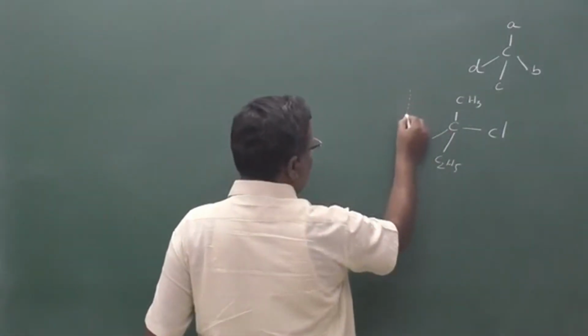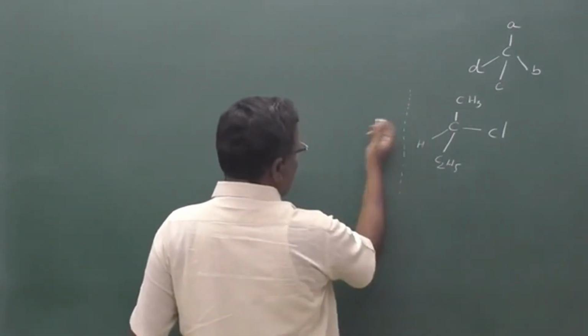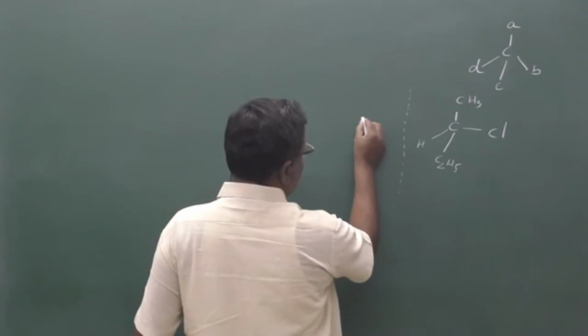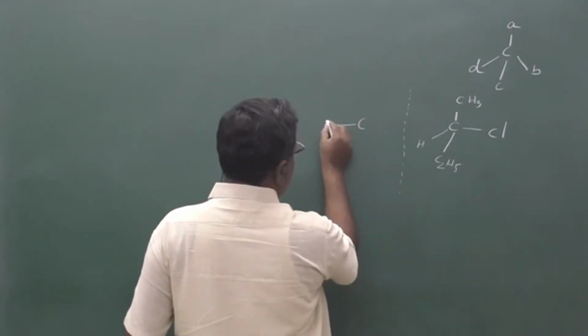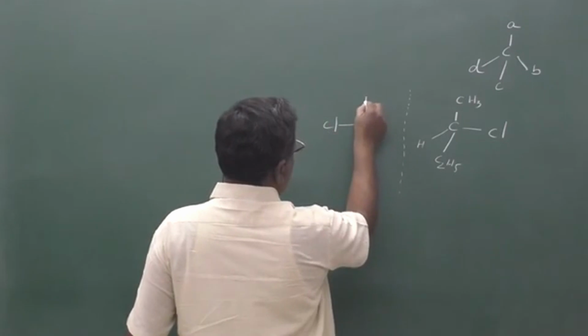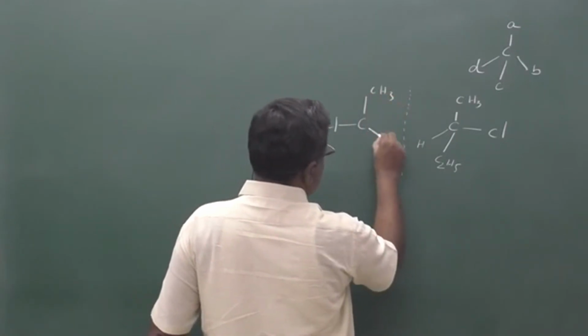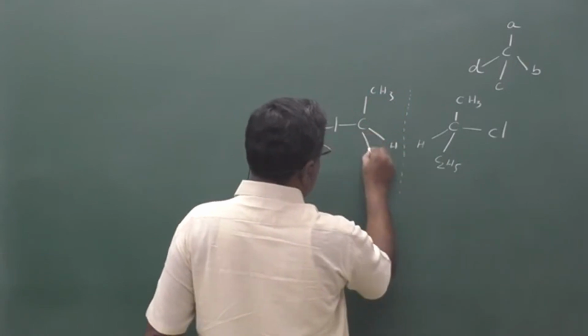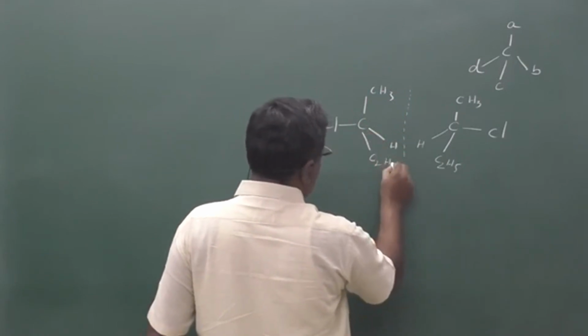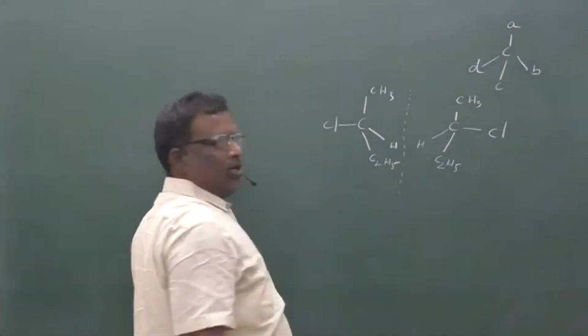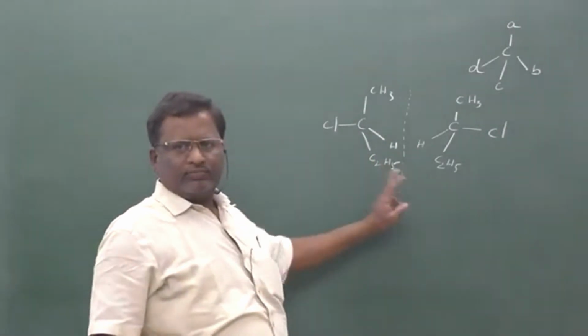Mirror image means if you keep one mirror here, you will get another image which we call a mirror image. So CH3, this hydrogen, and C2H5. These two are 2 isomers.